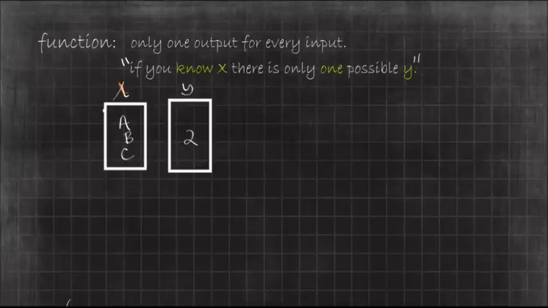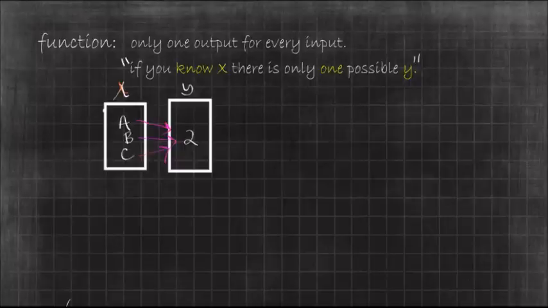Now this mapping looks very similar, but what I can see is if I tell you x equals a, can you tell me what y is? So 2. There is no choice in the matter. You just automatically know that exists.